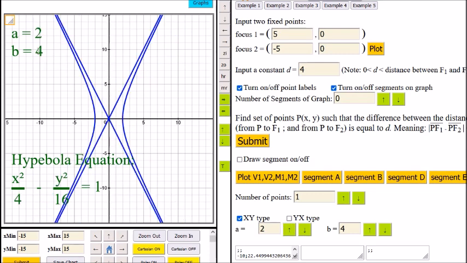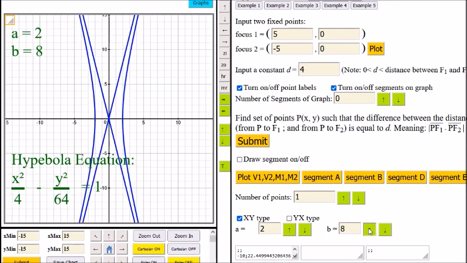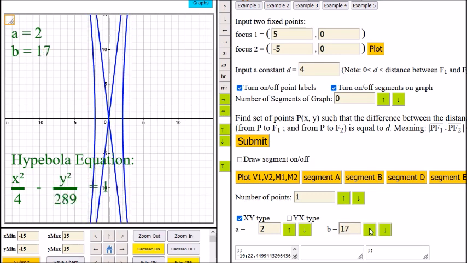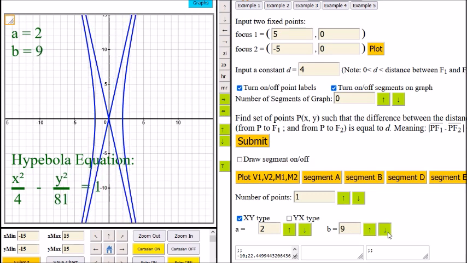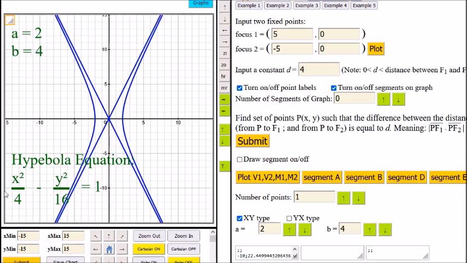And now let's vary b and see what happens to the graph. So here we have the type that's x squared minus y squared.